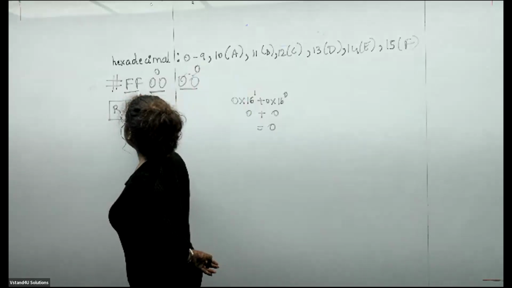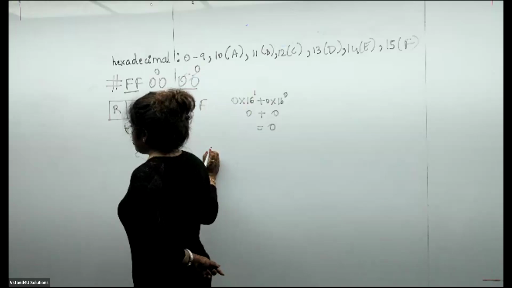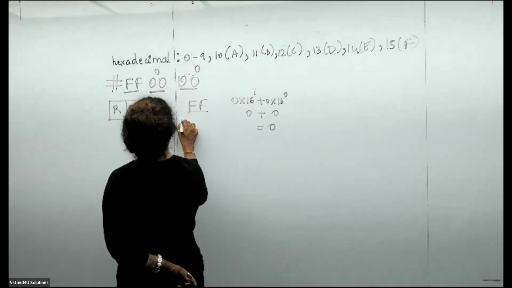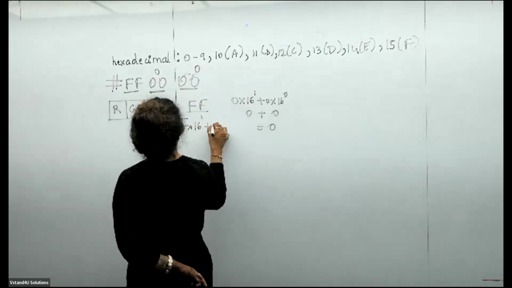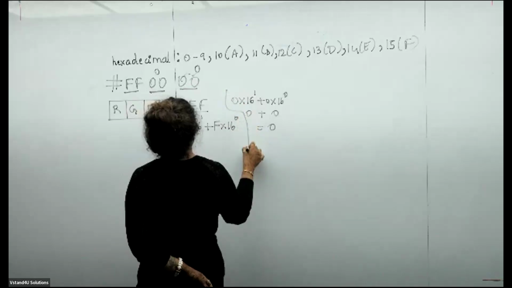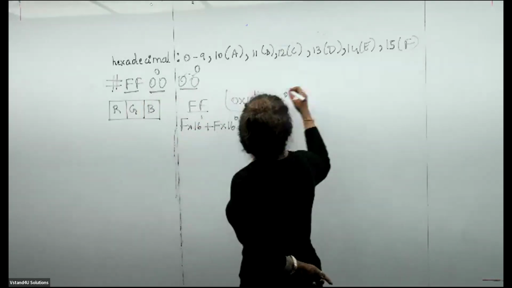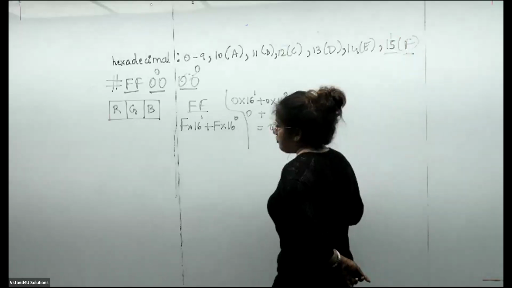Now, for the first 2 letters, that is F and F, I will write F into 16 to the power of 1 plus F into 16 to the power of 0. For F, the value is 15.